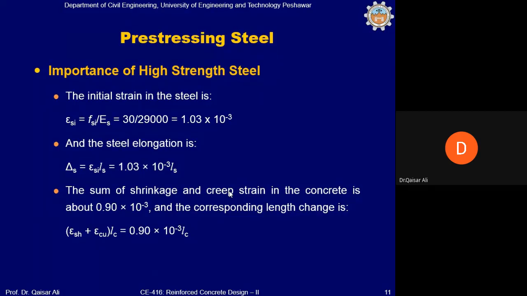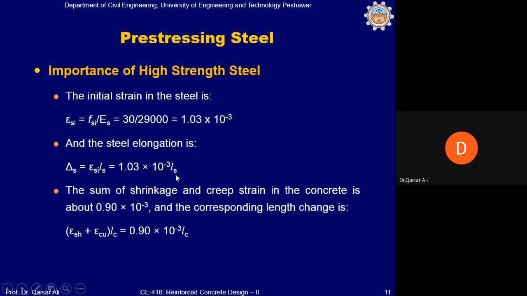It has been noted that shrinkage and creep together will be producing a strain equal to 0.9 in 10 to the power minus 3, roughly speaking. So if a strain equal to 0.9 in 10 to the power minus 3 into LC is produced in the opposite direction, you can see that the stretched delta was 1.03 into 10 to the power minus 3 LS.